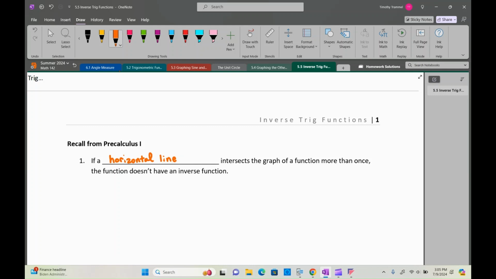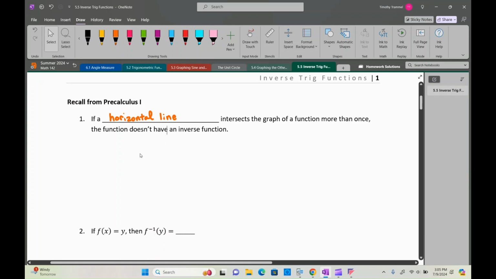Okay. So the idea is if a function has an inverse, we don't want it to just be an inverse. We want it to be an inverse function. We want it to only give us one value out. Okay. And we're going to see how that comes into play here soon.